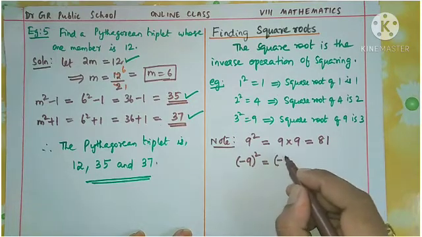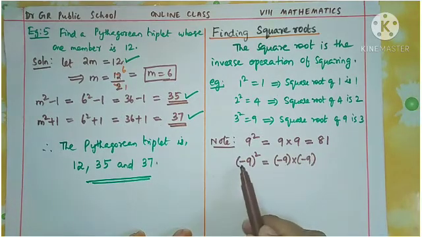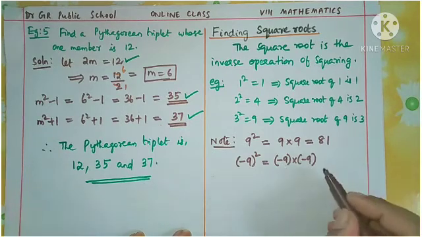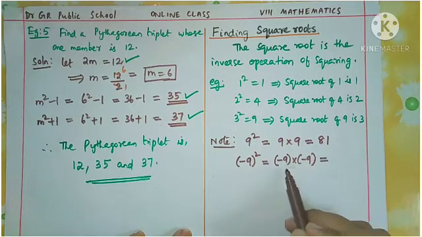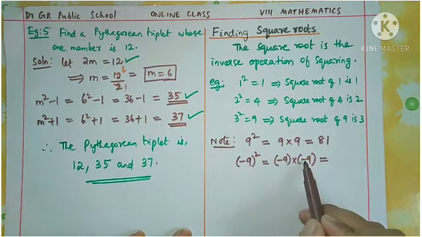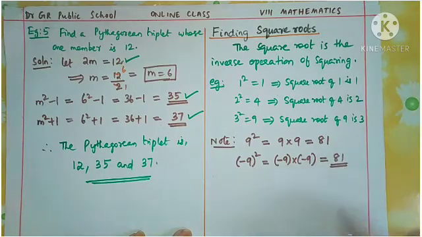Minus 9 into minus 9. So minus 9 the whole square means minus 9 will come 2 times. Now what is the answer for this? You studied in integers multiplication, minus into minus is plus, 9 into 9, 81. So that is also 81.